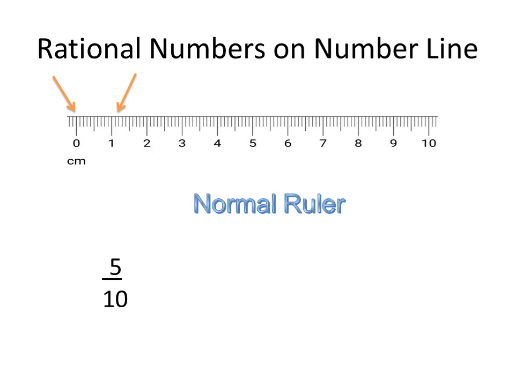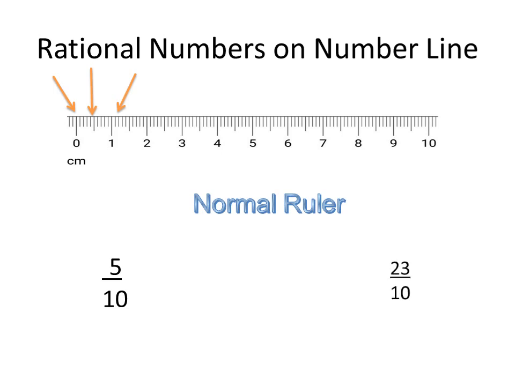So where does 5 by 10 lie on this number line? It's very simple. Once the number line is drawn based upon the denominator, you have to check the numerator. The numerator is 5. So count from 0, 1, 2, 3, 4, 5. So this is the position of 5 by 10.